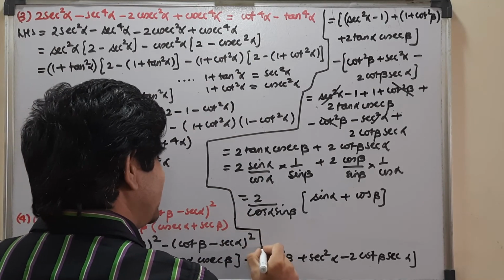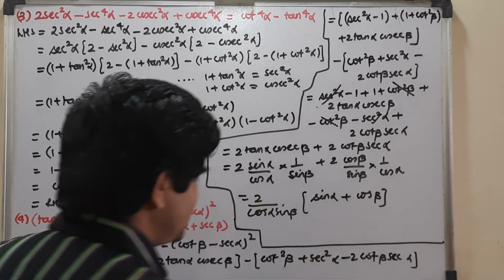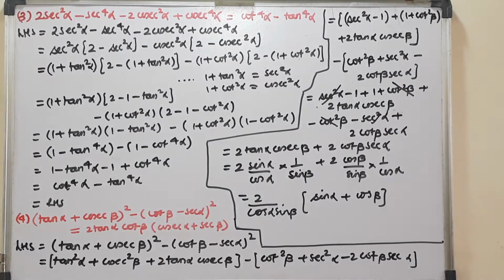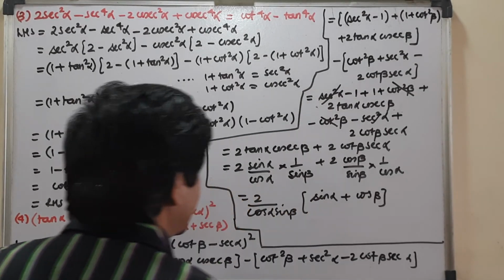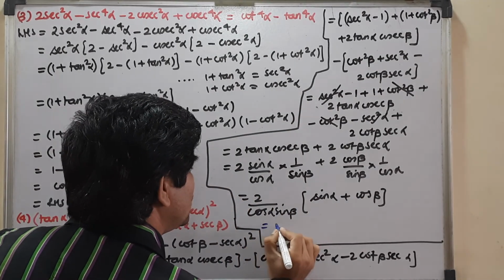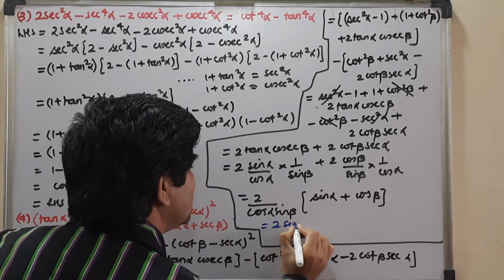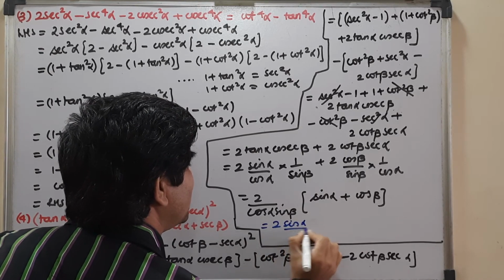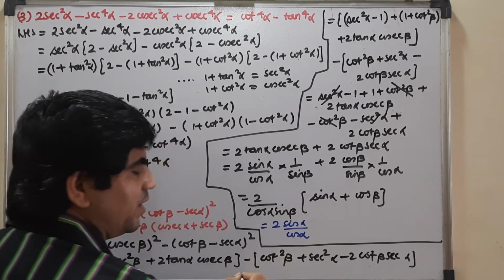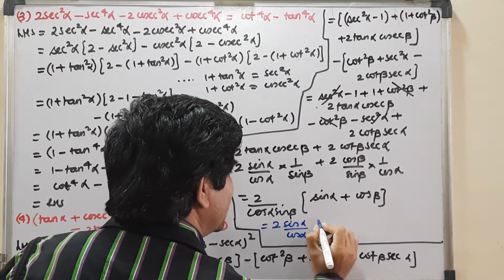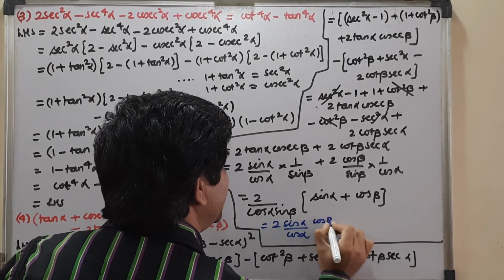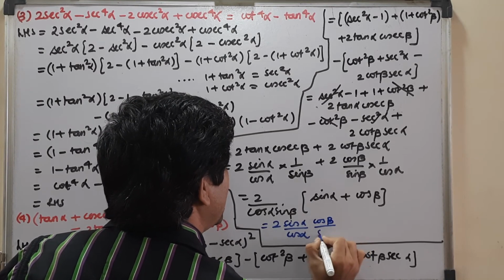What change I am making, that I am writing here: 2 sin alpha upon cos alpha and here cos beta upon sin beta.